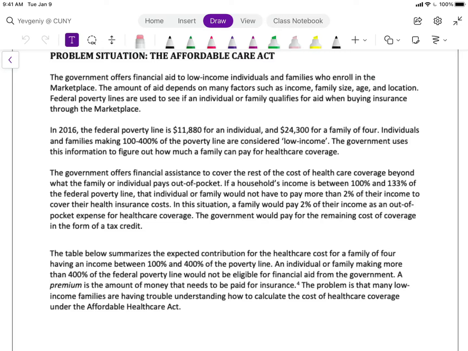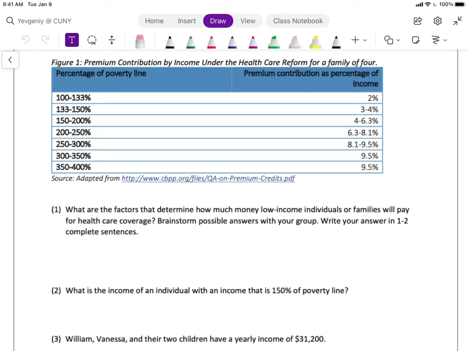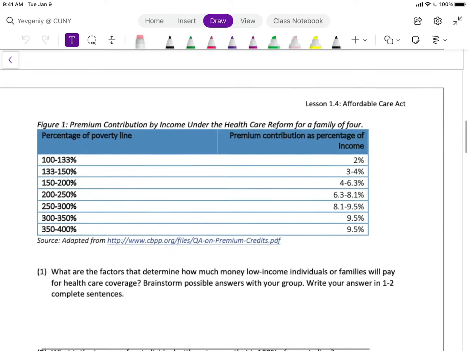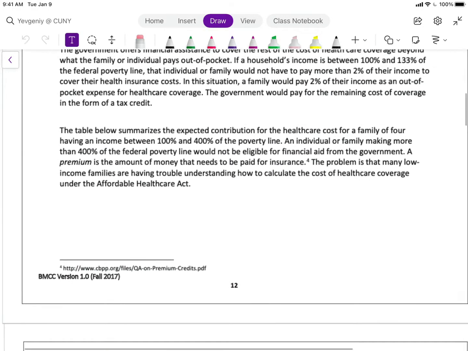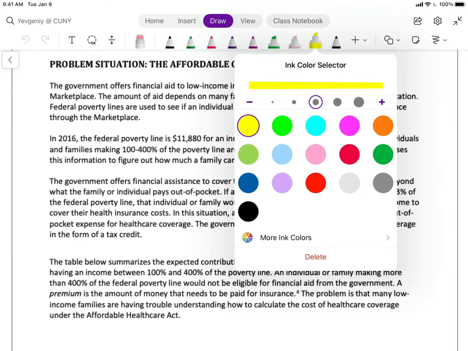All right, so let's go over what factors can contribute to how much the families will pay for healthcare. Now, some of you might have looked at that passage and found the following, which is in the first paragraph. Let me highlight this right here.